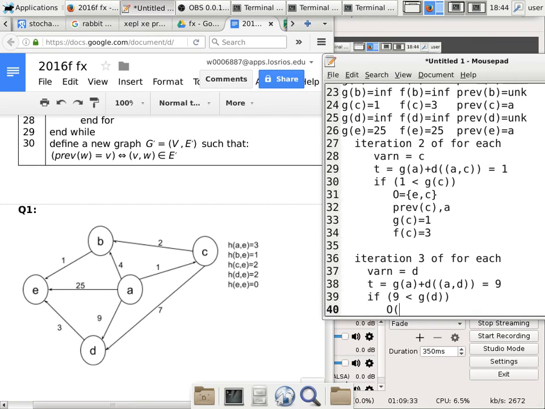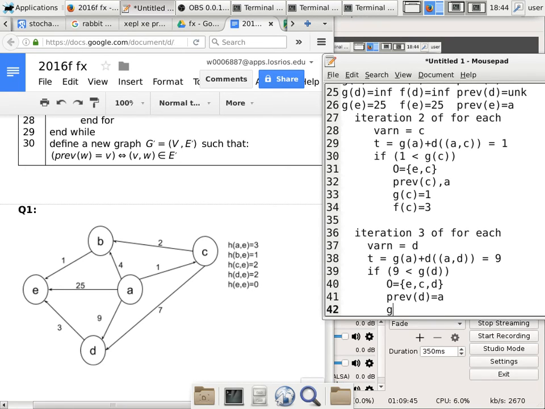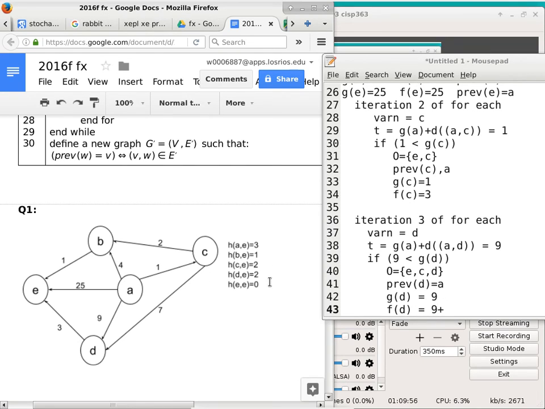So we're going to add that into the big O. So now the big O has E, C, and then D as elements. The previous of D is going to be A. G of D is going to be 9. And then F of D is 9 plus the heuristic going from D to E, which is 2.